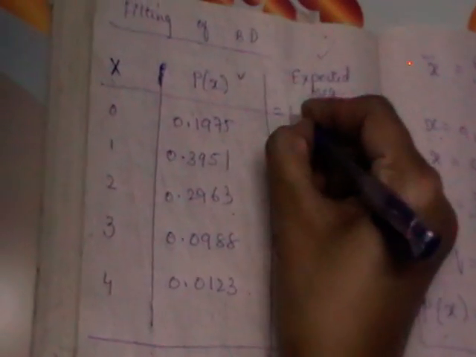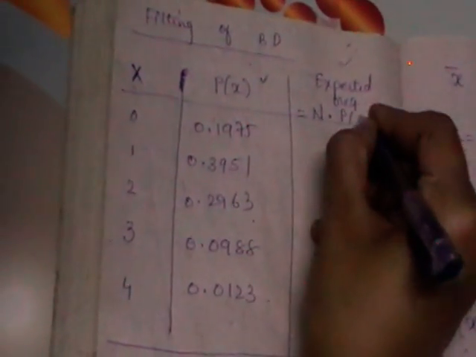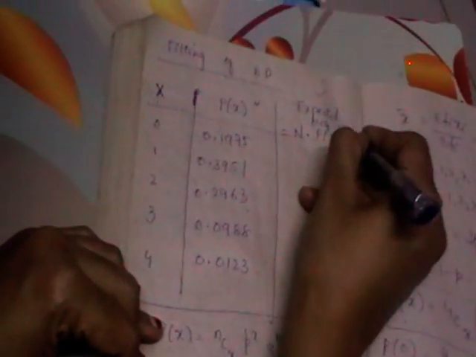Now let us go to the third column, which is nothing but expected frequencies. The expected frequency formula is capital N into P of x. Capital N is the total of frequencies. This sigma f is also indicated with capital N. So capital N here is 150, meaning 150 into P of x.